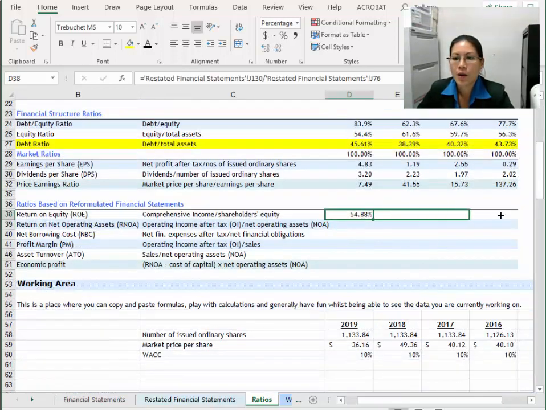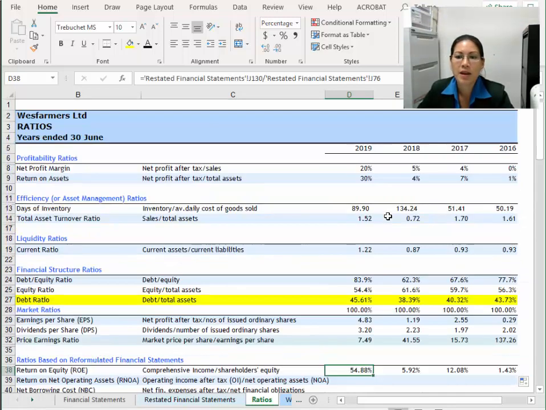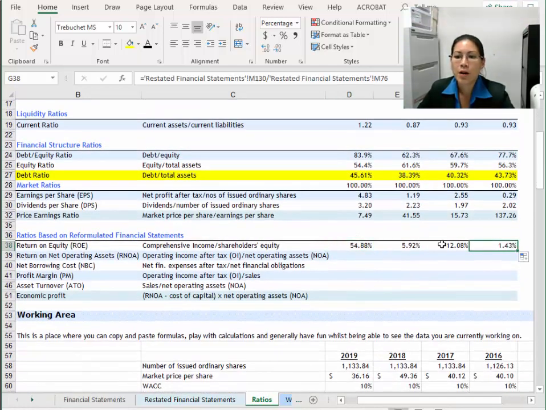All right, so our return on equity is very high in 2019, and we thought that may be the case because, you know, it's had a higher profitability. Compare it to the trend over time, it has increased. Again, when I'm explaining this, particularly with Wesfarmers, because it has undergone such a huge transformation and selling off major businesses, major subsidiaries in 2019, I would actually interpret these ratios in light of those.